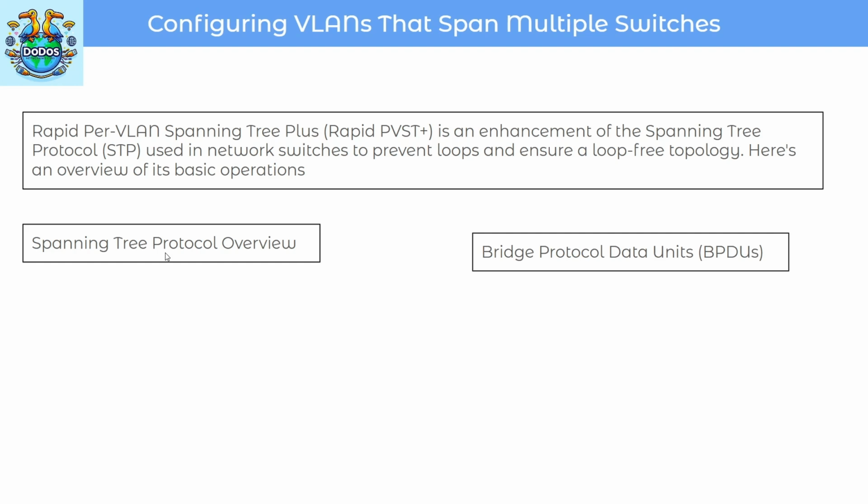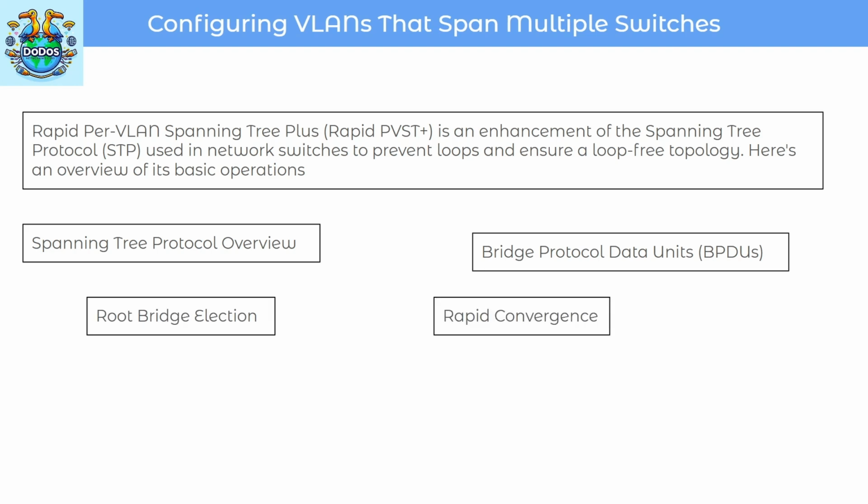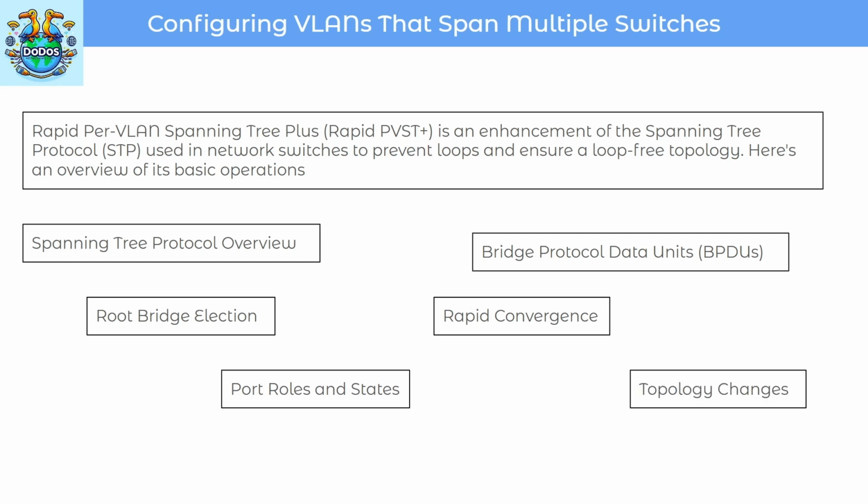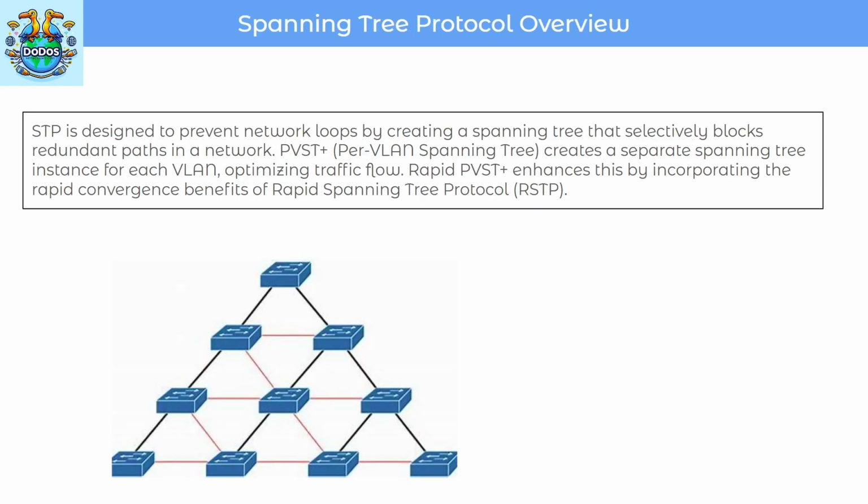Spanning tree protocol overview, bridge protocol data units, or BPDUs, root bridge election, rapid convergence, port roles and states, topology changes, and per-VLAN operation. So let's cover each one by one. Start off with the spanning tree protocol overview.